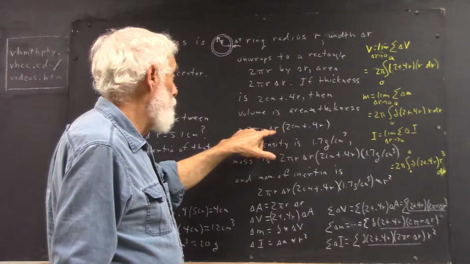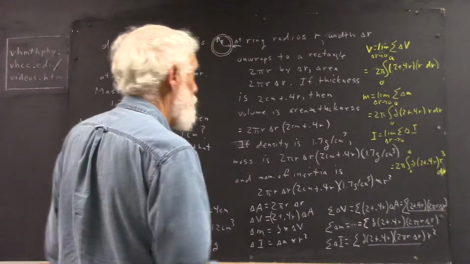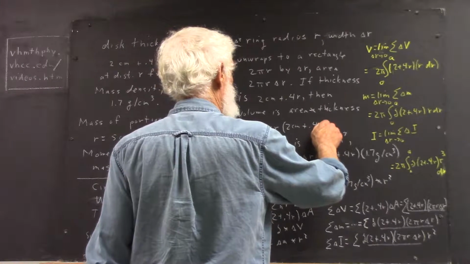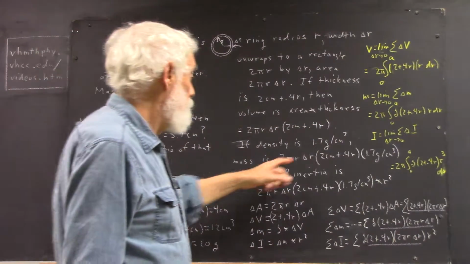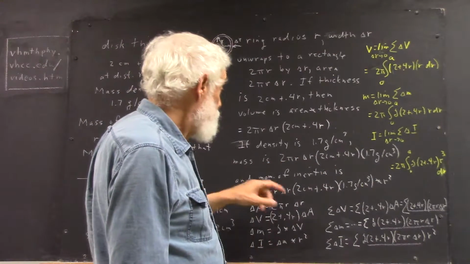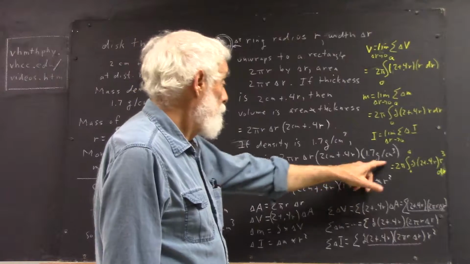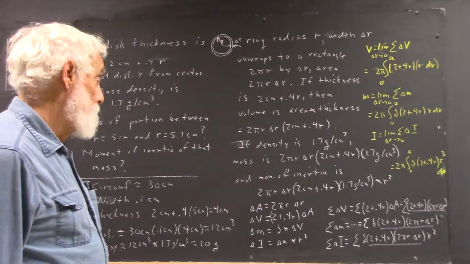So that'll be 2 pi r delta r times the thickness, which is 2 centimeters plus 0.4 r. Then if the density is 1.7 grams per cubic centimeter, the mass is just this expression times our 1.7 grams per cubic centimeter.